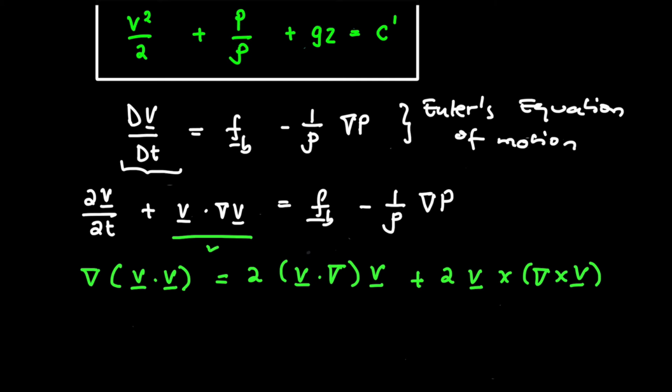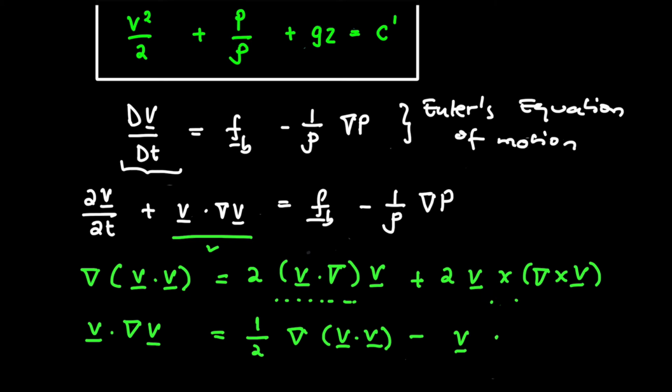So in order for us to make this portion the subject of the formula, v dot del v equals something, right? So we're going to divide everything by 2 and take this guy to the other side of the equal sign. So it's going to be 1 over 2 del v dot v minus this portion, which is v cross del cross v.